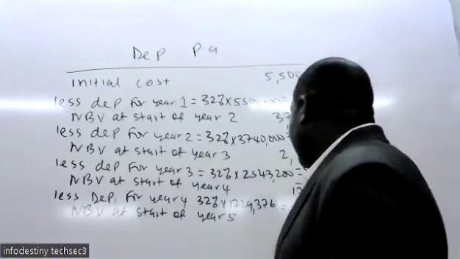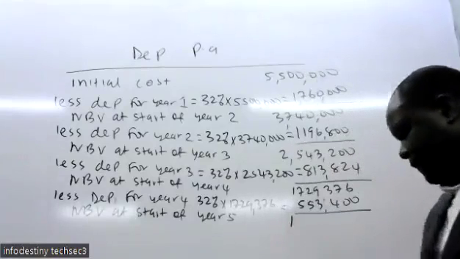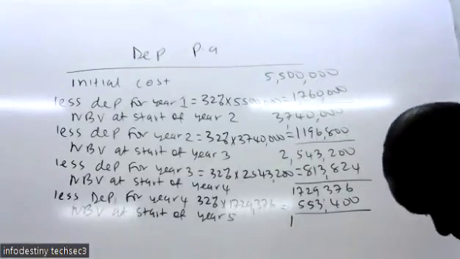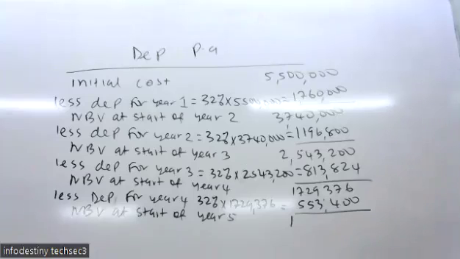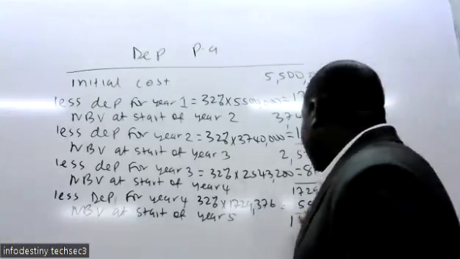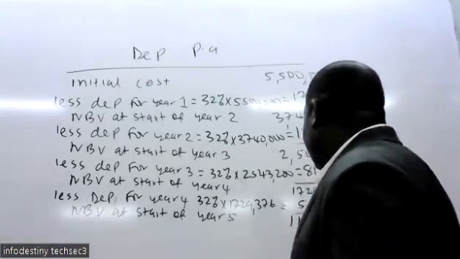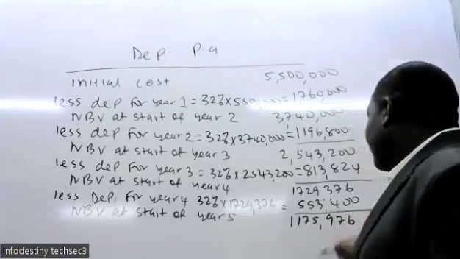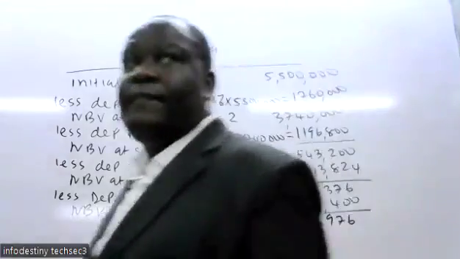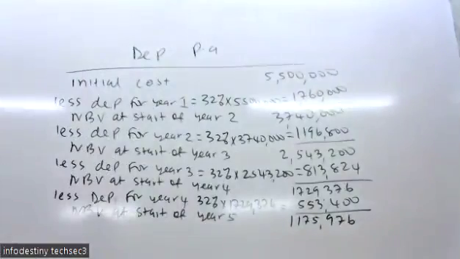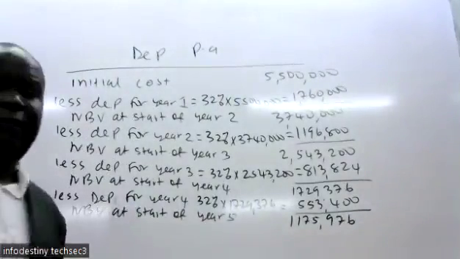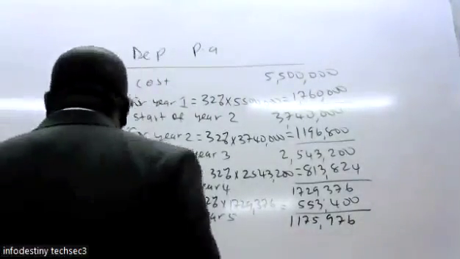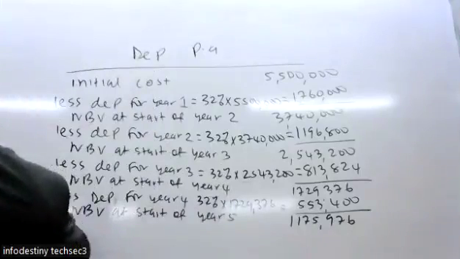We get 1 million 100. Yeah, so when it comes to year 5, the depreciation should be the balance figure.